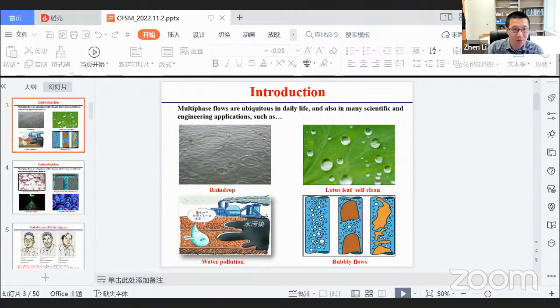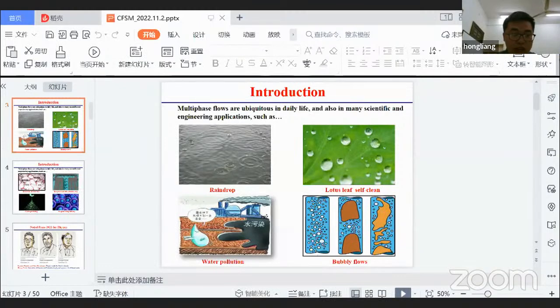I'm not sure why we cannot see the full screen. I suppose you have 2 windows, right? You are sharing another window. Sorry.